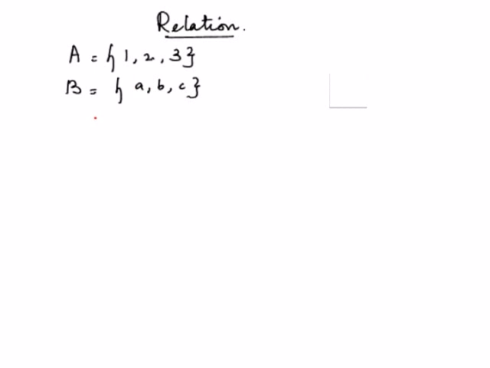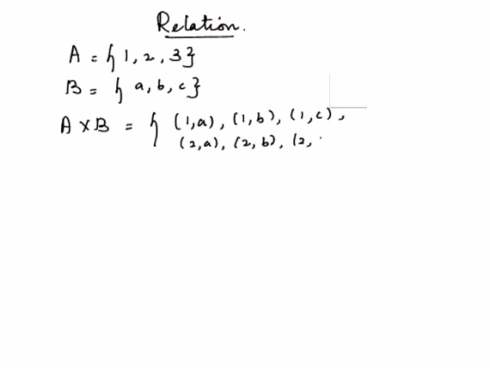We can take a cross product of A with B. A cross B is equal to (1, a), (1, b), (1, c), (2, a), (2, b), (2, c), (3, a), (3, b) and (3, c). These ordered pairs form the cross product A cross B.